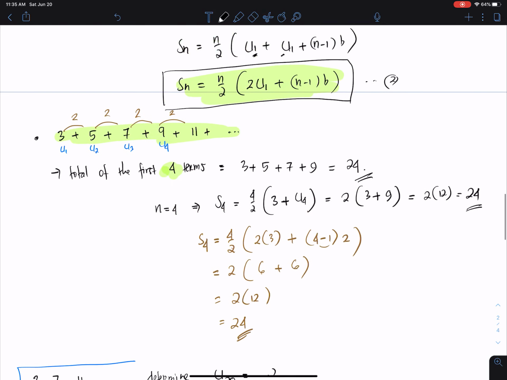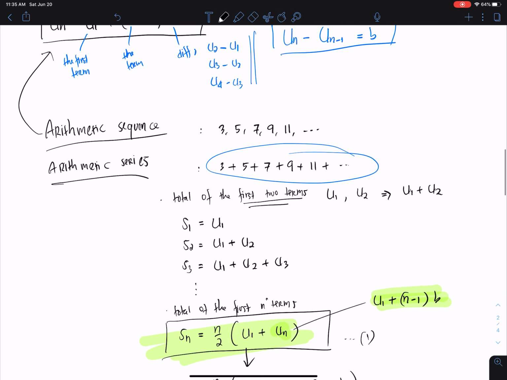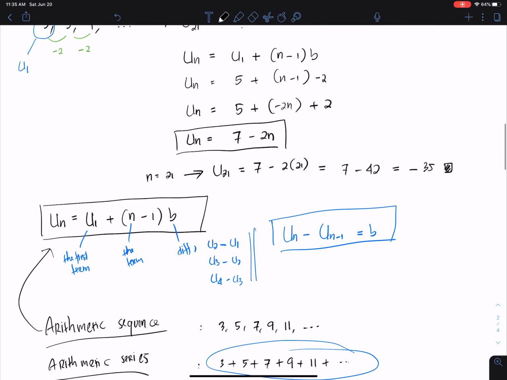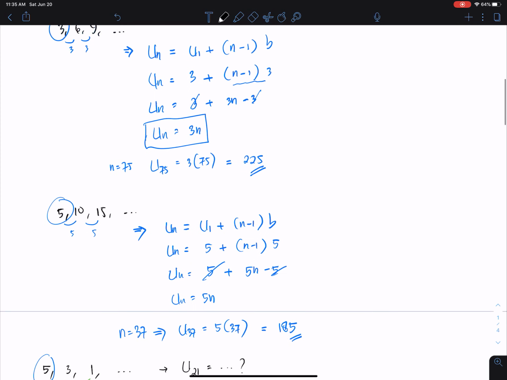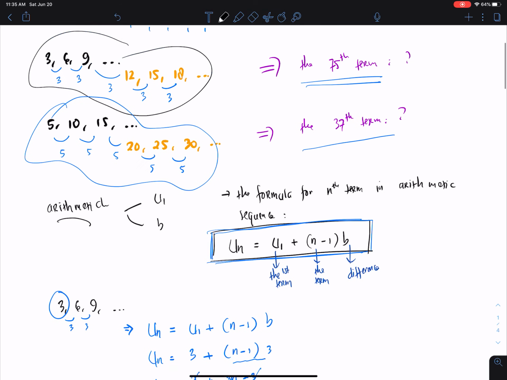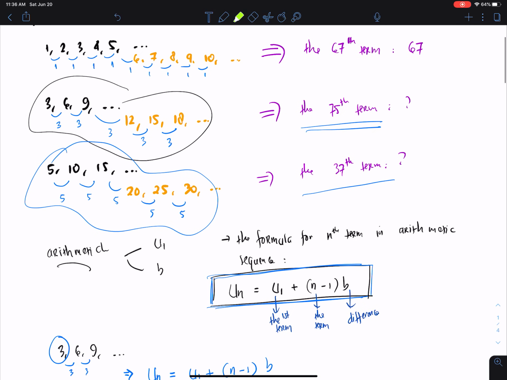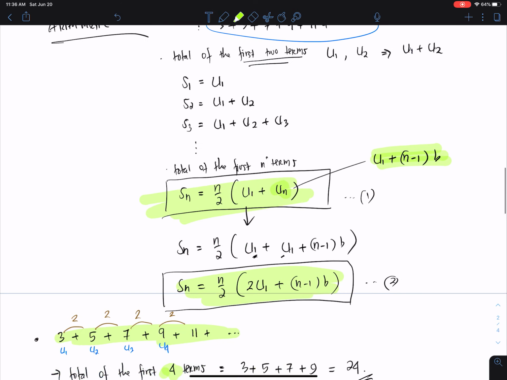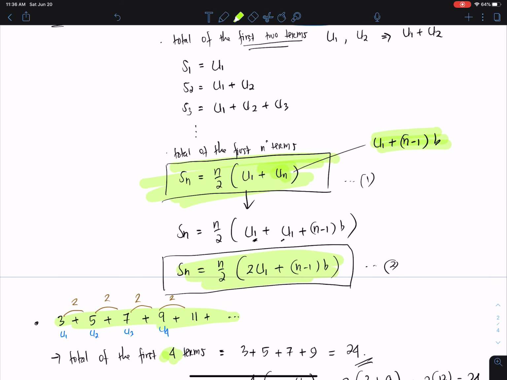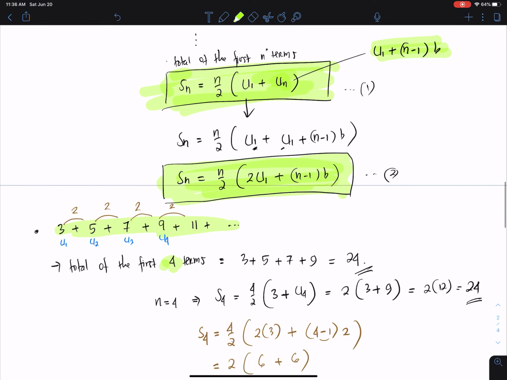All right, so it's not that complicated or difficult to understand this arithmetic sequence and series. As long as you understand the general form given here for the sequence, as well as over here for the series, then all the problems given we can easily solve.